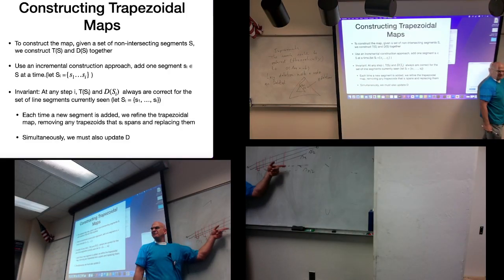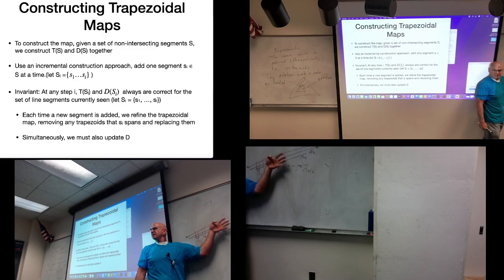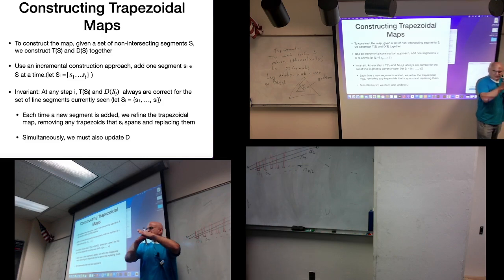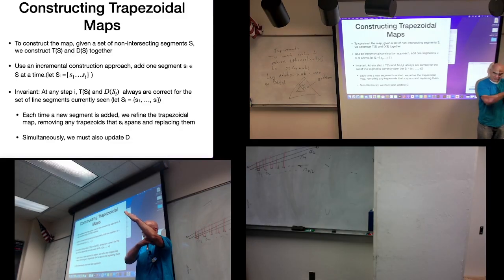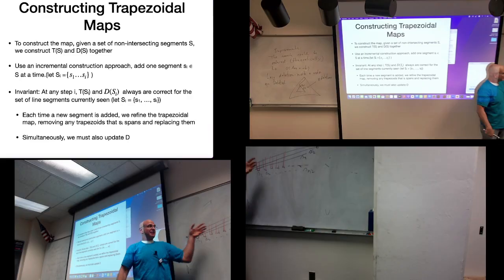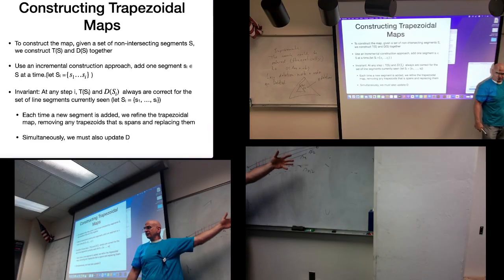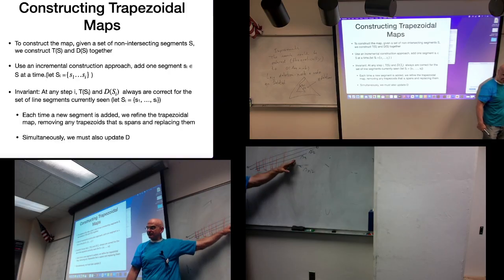Because look at the segment. After you added all the segments, look at one of them. How many trapezoids lie on this segment? One segment can touch a lot of trapezoids, but on average, we have a linear number of trapezoids and a linear number of segments. Divide the number of trapezoids by the number of segments.